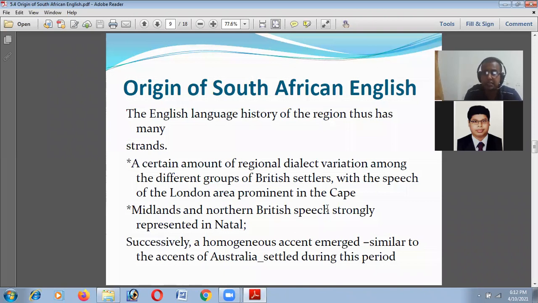Among the settlers, just like in New Zealand, many were British. The Midland and Northern British speech was strongly represented in Natal, another seaside area. Successively, a homogeneous accent emerged, similar to the accent of Australia, and settled during this period.